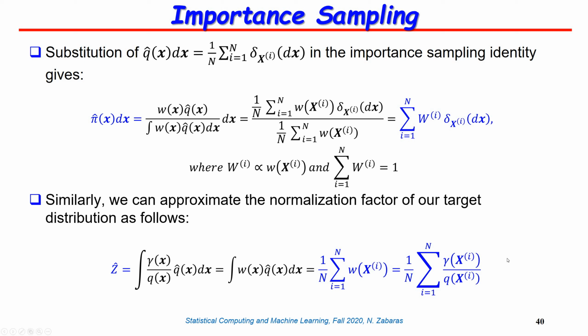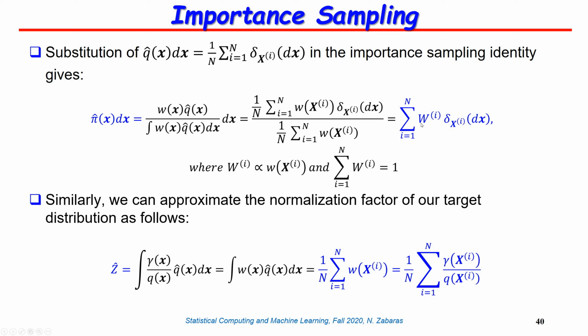Okay, so with importance sampling we are able to compute both the empirical measure for pi and, immediately, an approximation of the normalization factor Z.